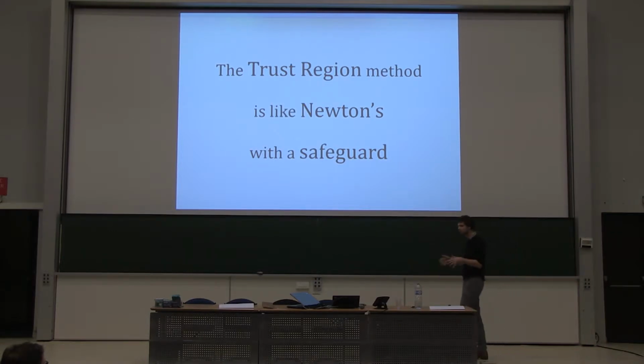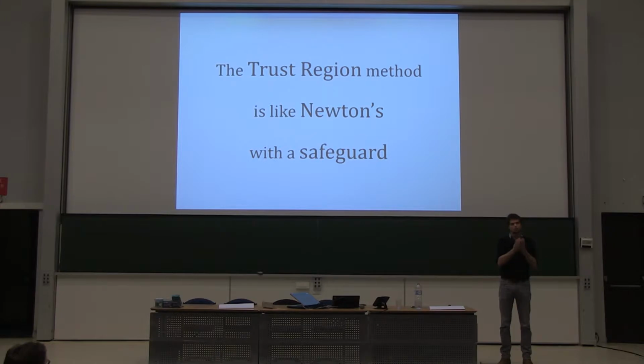And so this has led people to modify the Newton method a little bit into what is now called the trust region method, where you say, we're going to keep the basic idea of Newton, of locally approximating with something quadratic, but we're not going to globally minimize the quadratic, because sometimes it will do something weird. Instead, we're only going to minimize this quadratic model in a trust region, like in a small ball around my current point.